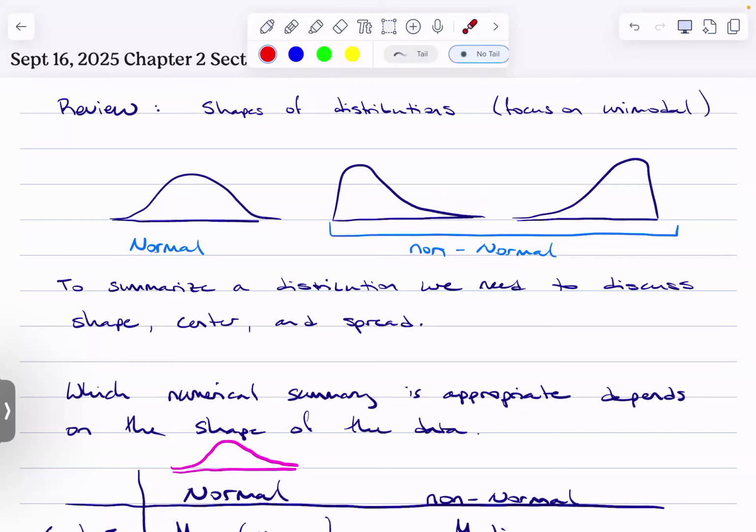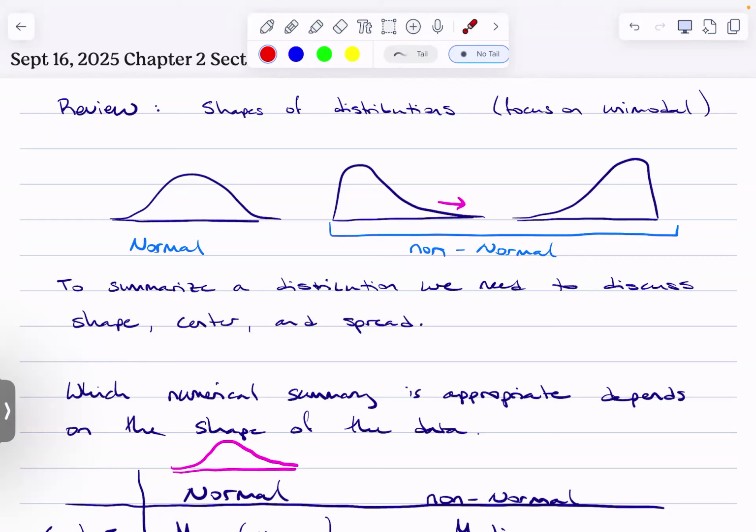I find that can be a little counterintuitive, because human nature wants to talk about the lump, but in statistics, we want to talk about the tails. The tails are those extreme values, more interesting values in terms of analysis.